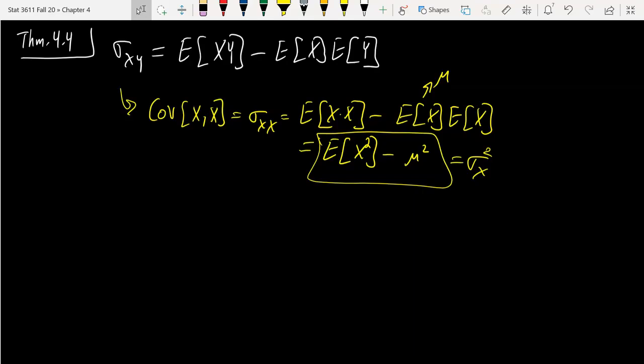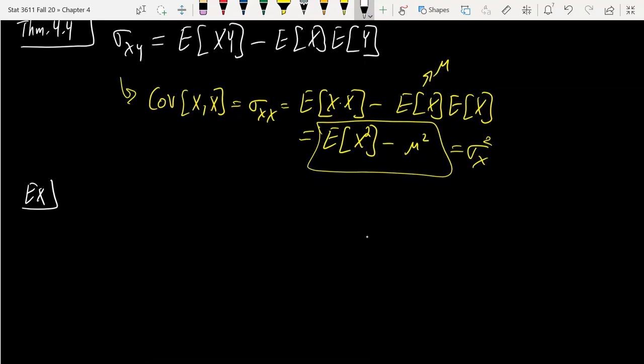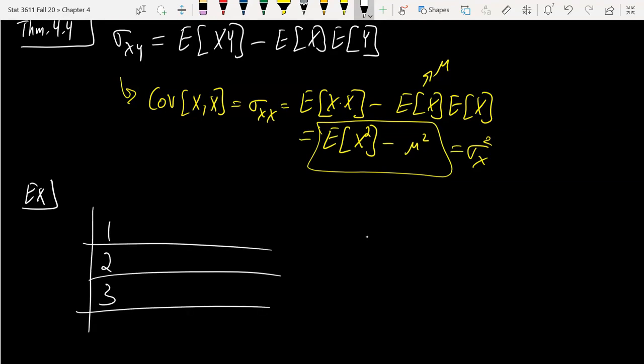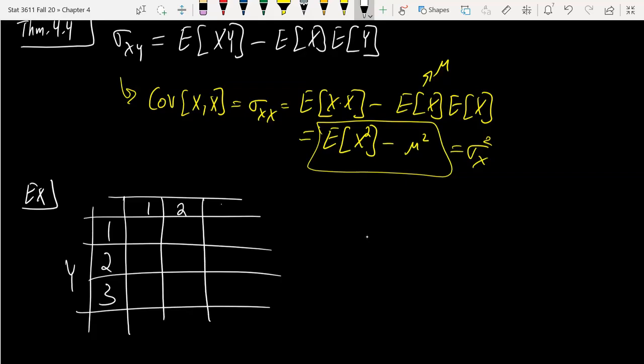All right, let's do one example here real quick with covariance, and then maybe we'll take another short break. I want to use this definition here, so I have an example. Let's do this in the discrete case. I'm going to make a table. So 1, 2, 3 for my y values, and x is going to be 1, 2, and 3 as well. There are my x values, okay.